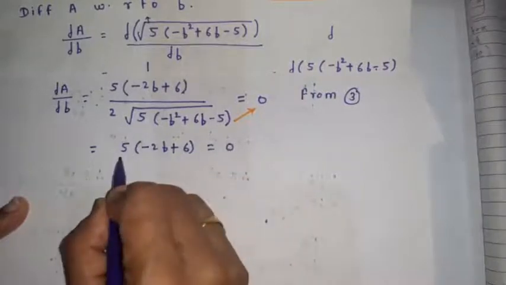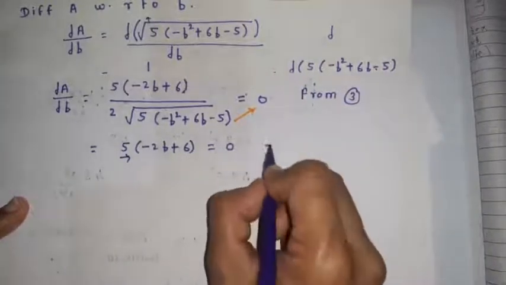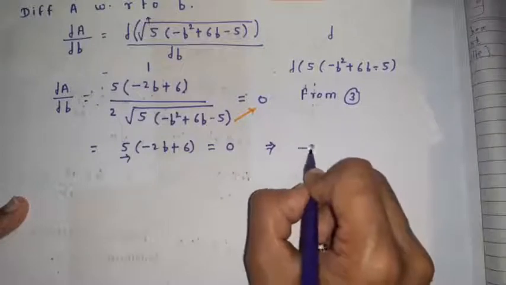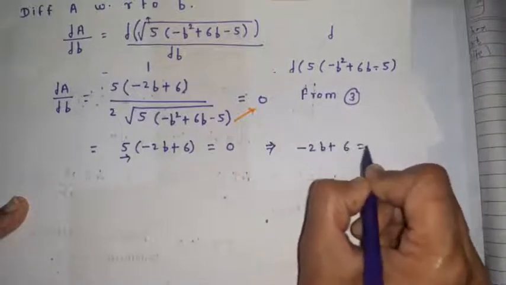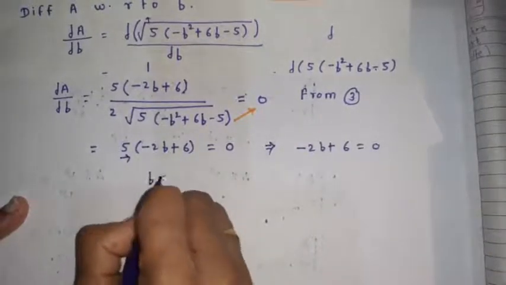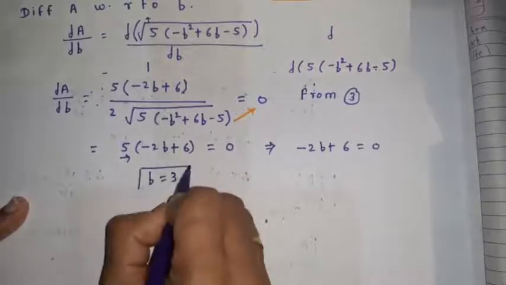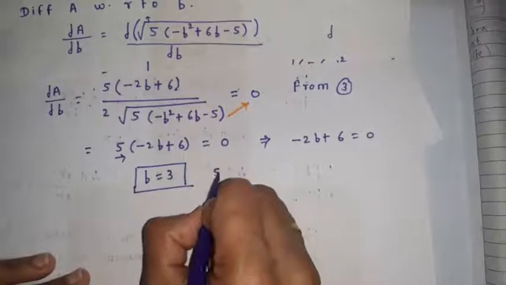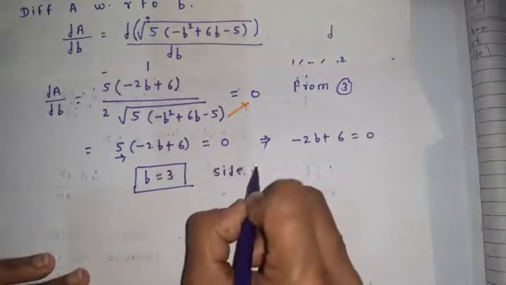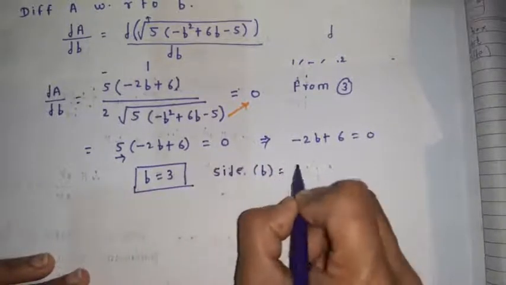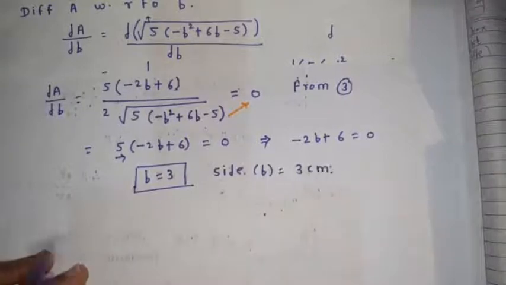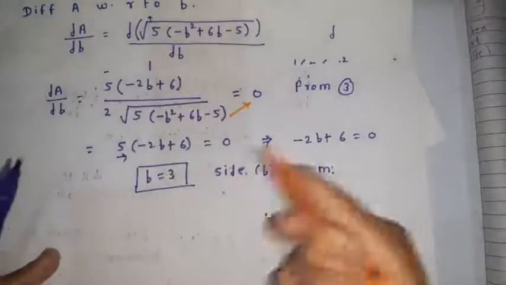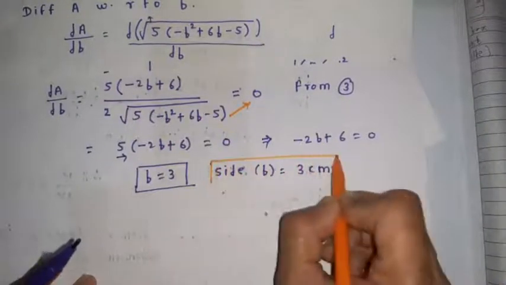Again 0 divided by 5 is 0, and at last we get minus 2b plus 6 equal to 0. We get b equal to 3. So b equal to 3 means the side b is equal to 3 centimeter. We have found the side b.